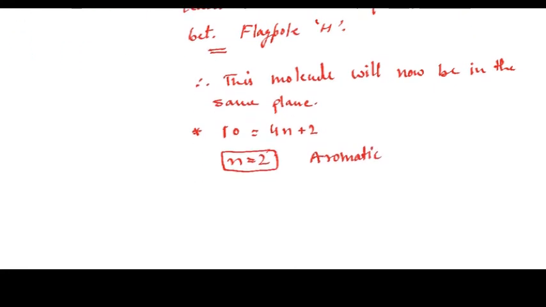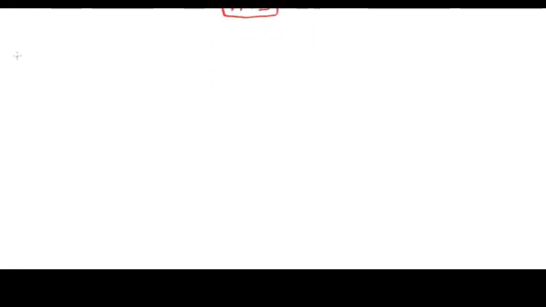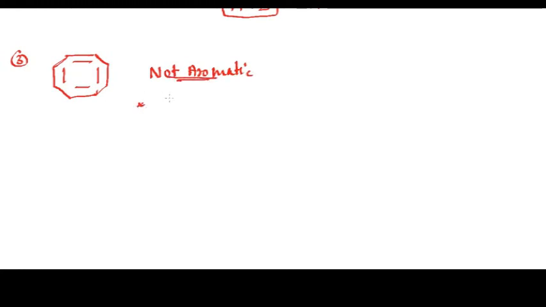Let's consider some more cases. Let's consider one more case, that is this case. So now this is again not aromatic. Let us see why. So always remember, whenever a single ring consists of 4 or more than 4 pi bonds, then the repulsions between pi electrons become very high.